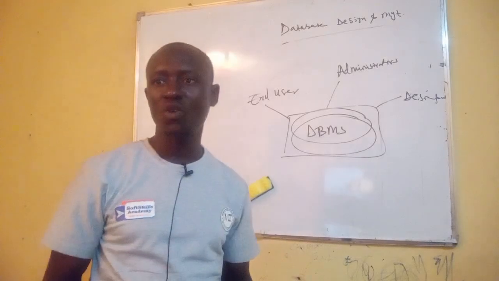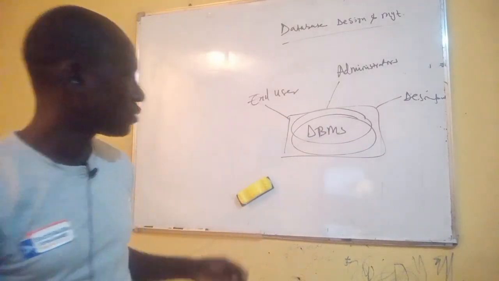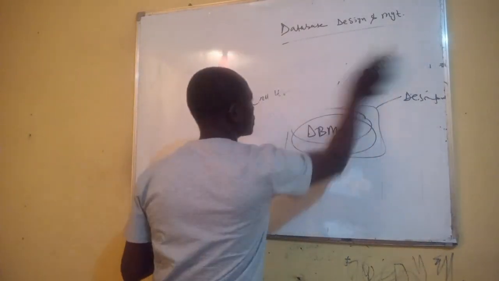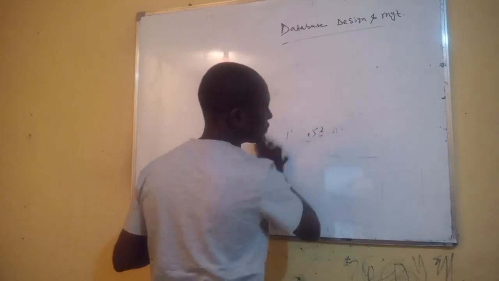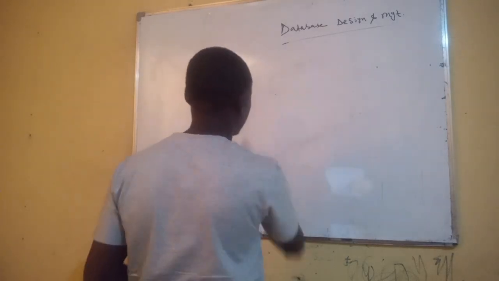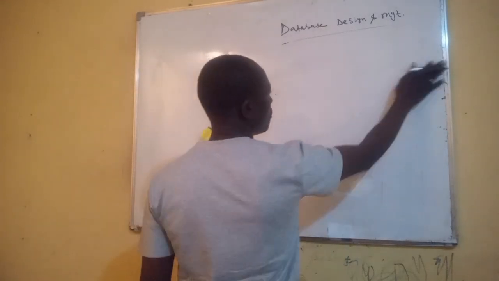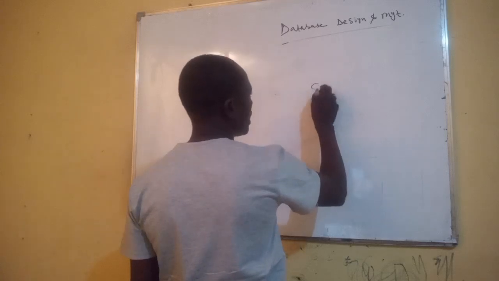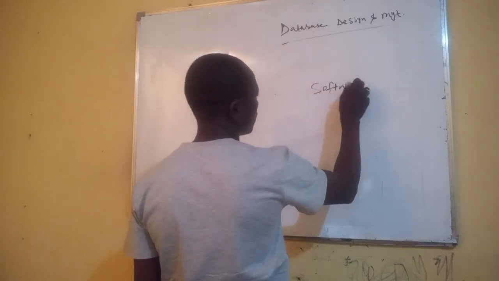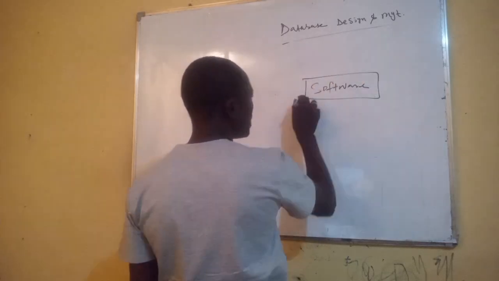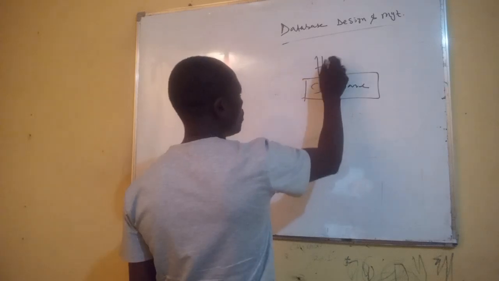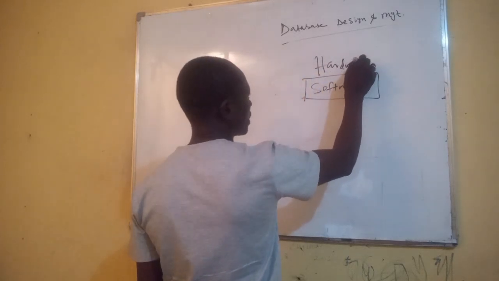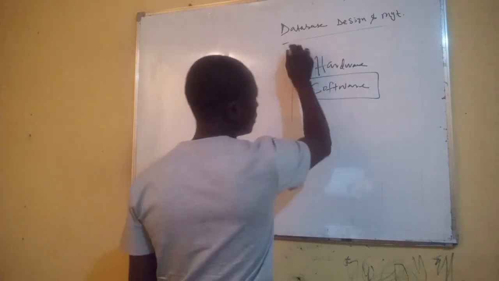So when we talk about this component, you can have it something like this. That's the structure of the components of a database. We have a software. This software is always under what? It is always under hardware. Are you together?